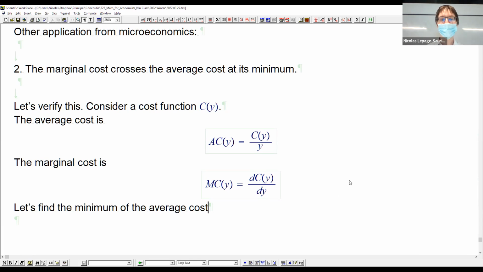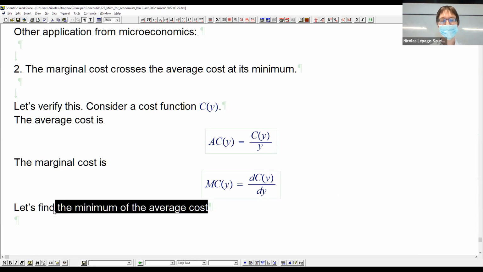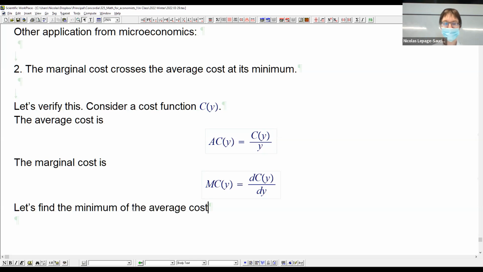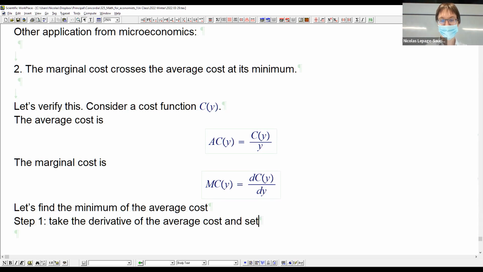So how would I find the minimum of the average cost? Step one, always the same. Yes. So take the derivative of the average cost and set it to 0.